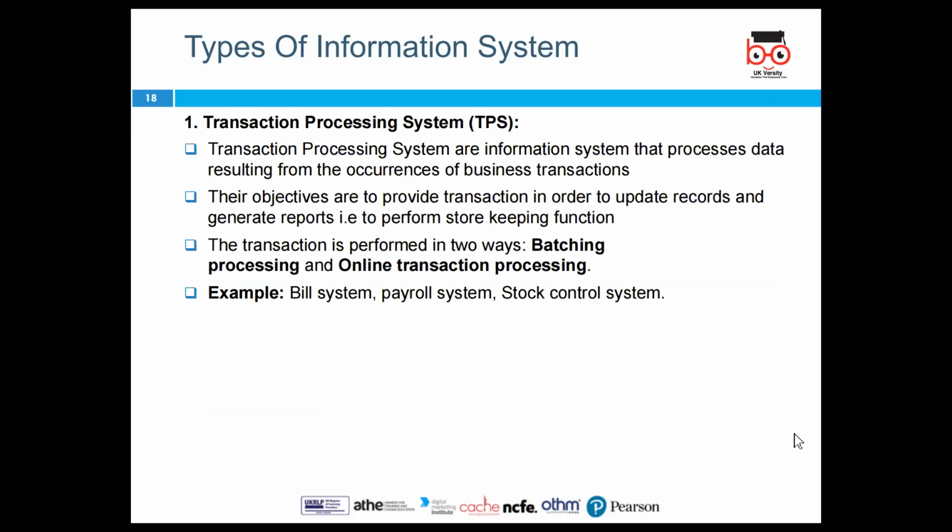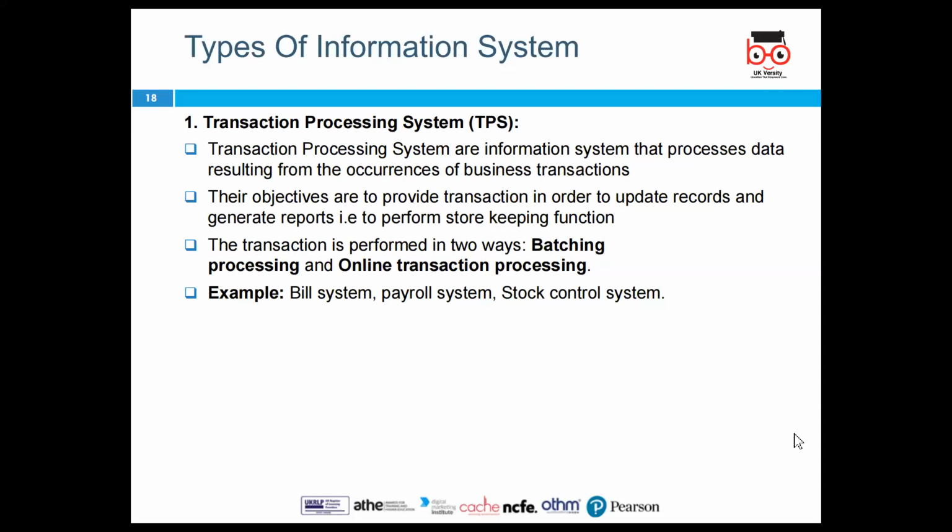Then we have transaction processing system, an information system that processes data resulting from the occurrence of business transactions. The objectives are to process transactions in order to update records and generate reports. The transaction is performed in two ways: batch processing or online transaction processing.